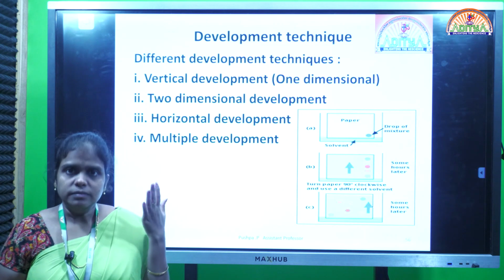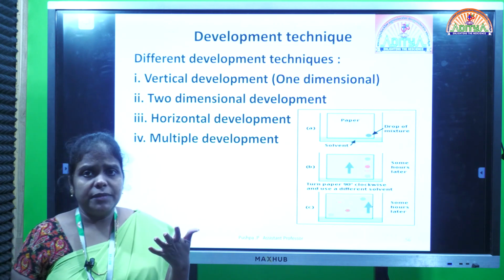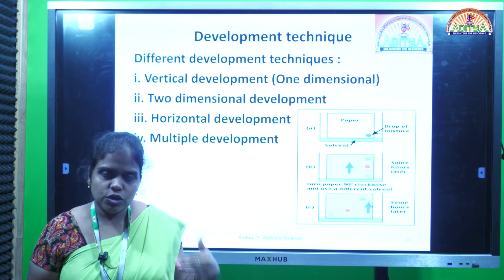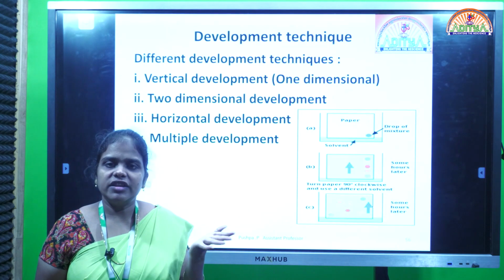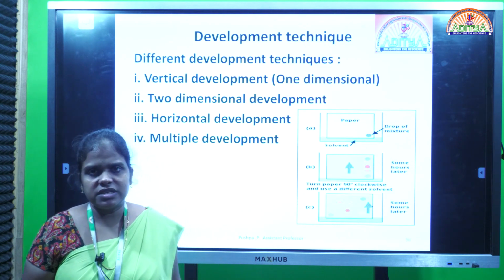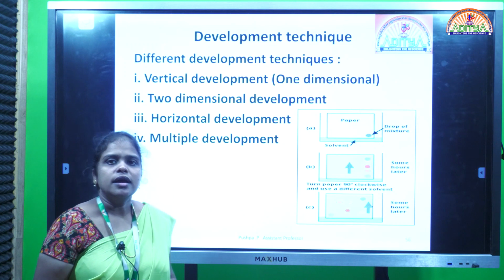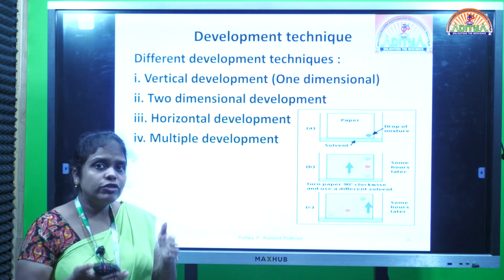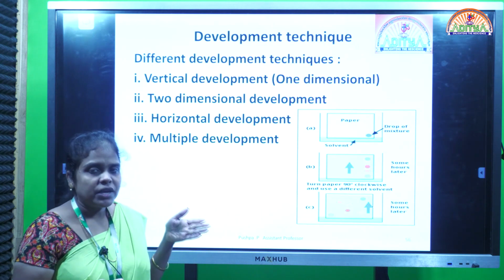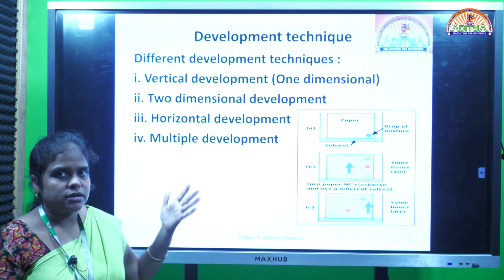If a component in the sample mixture has more affinity with the stationary phase, it will elute very slowly. If it has more affinity with the mobile phase, it will elute fast with the mobile phase. This is the separation happening in the TLC system also, but you have to give some time for that development or elution process. Then the development or elution will take place.